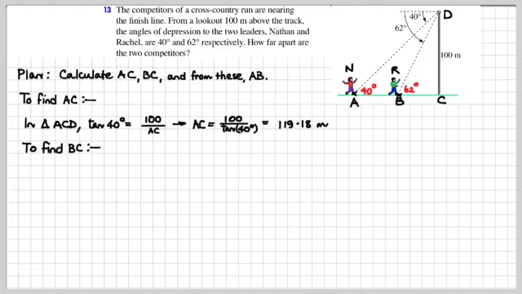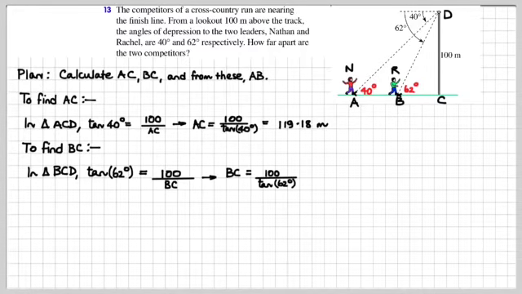Now we're going to find BC, okay, as I said in the game plan up there. BC, now I have to use another right angle triangle here, which will be this one here. In triangle BCD, I can say tan 62 is 100 over BC, and therefore, using the same technique as I did above, BC will be 100 over tan 62, which will get us 53.17 metres, and that's pretty good too.